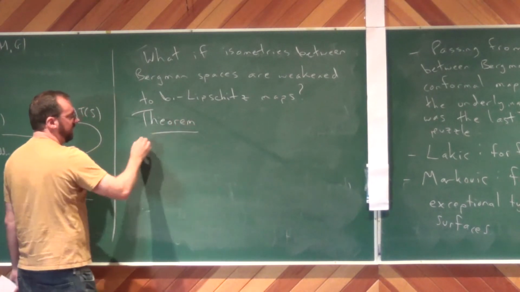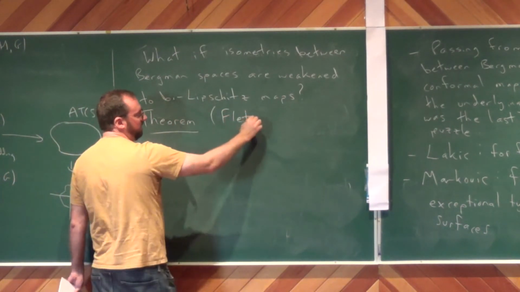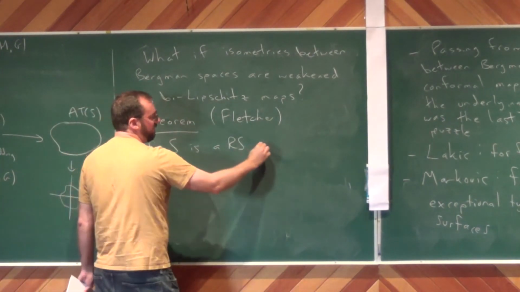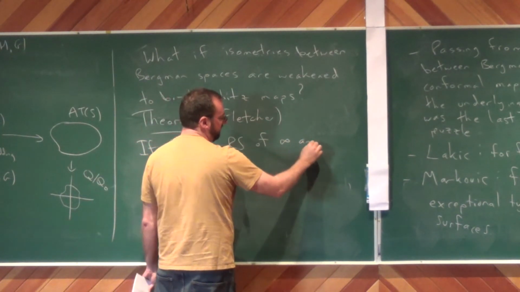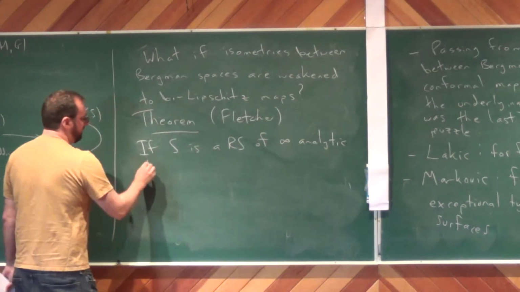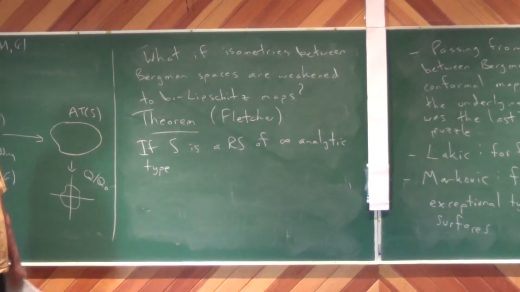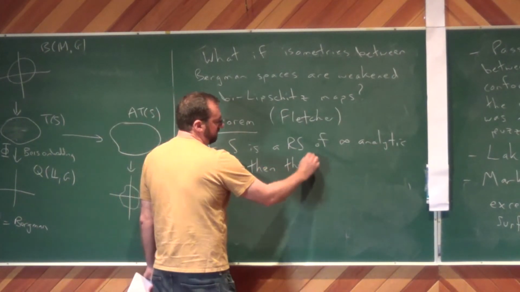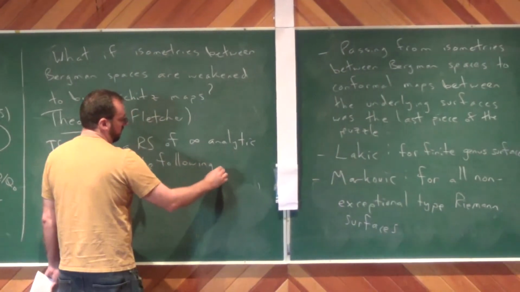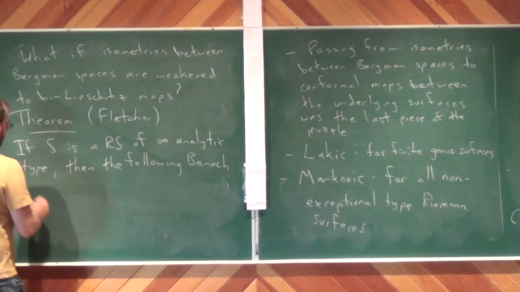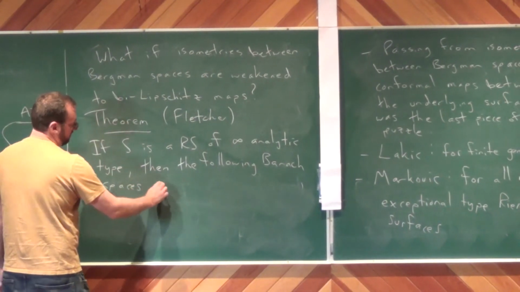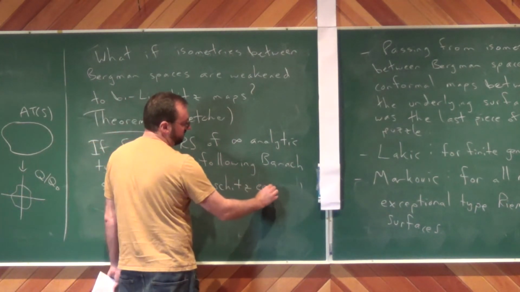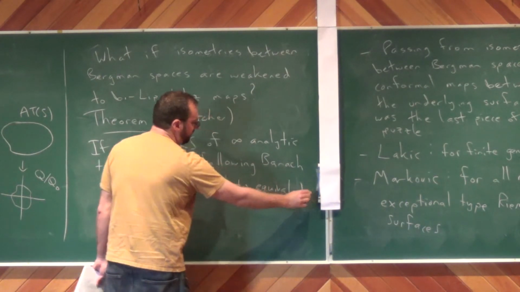And finally, I get to say something like that. So if S is a Riemann surface of infinite analytic type, so genus g, n punctures, g or n may be infinite, then the following Banach spaces are bi-Lipschitz equivalent, so there's a bi-Lipschitz map between them.